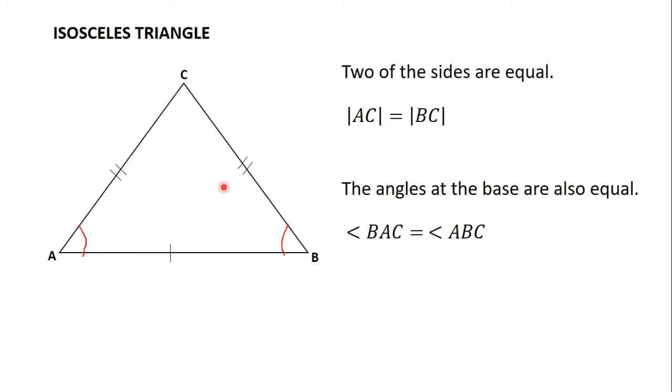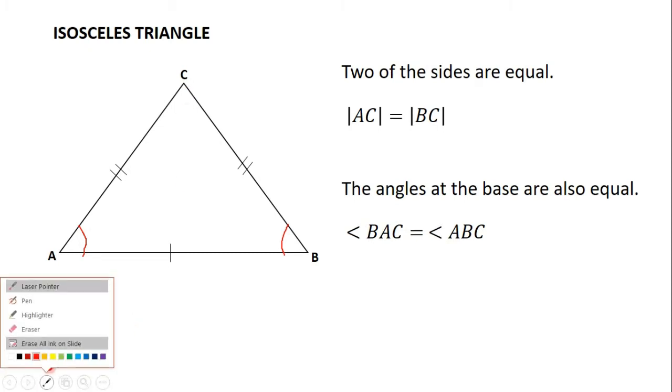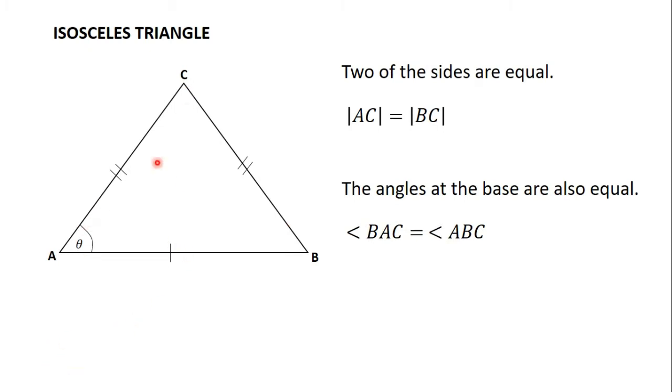So if you are considering this isosceles triangle, then angle BAC is equal to angle ABC. That means that if angle BAC is equal to theta, then angle ABC is also equal to theta. So for isosceles triangles, two sides are equal and the angles formed at the bases of these two sides are also equal.